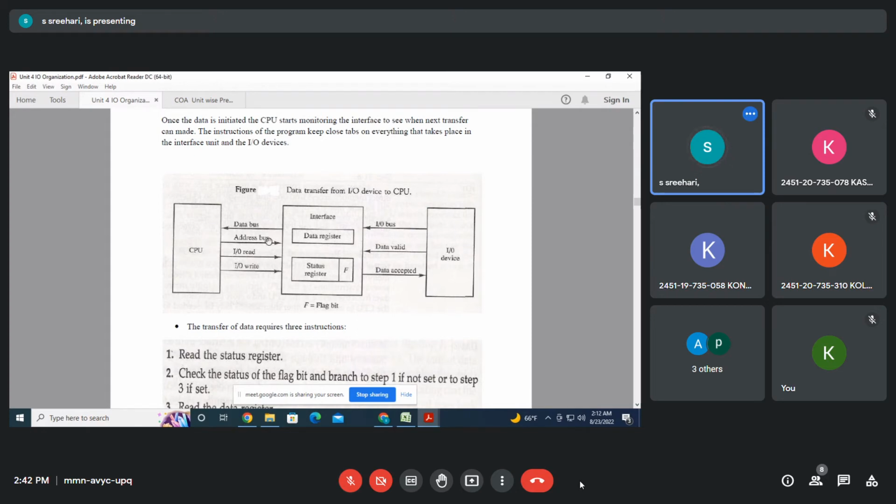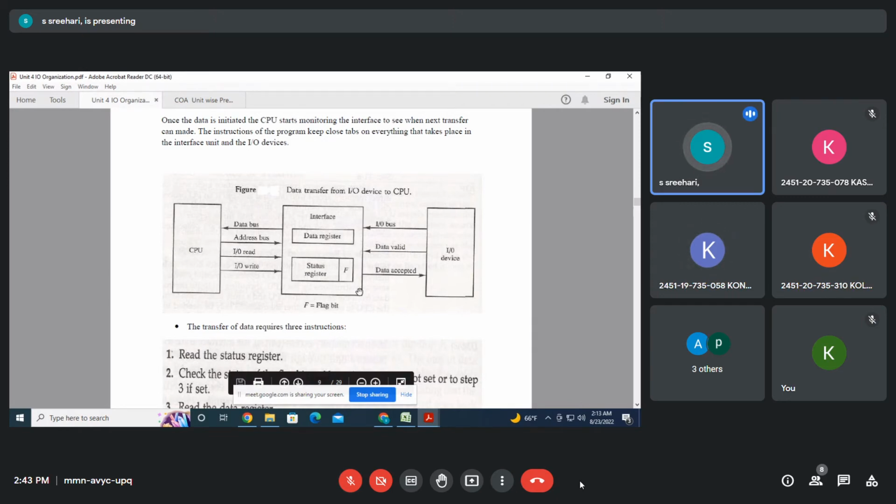These are the different signals connecting the CPU to the IO interface: data bus, address bus, and the control signals IO read and IO write. The interface and IO devices are connected through the handshaking process, that is the IO bus, data valid and data accepted. These are the signals used in programmed IO.